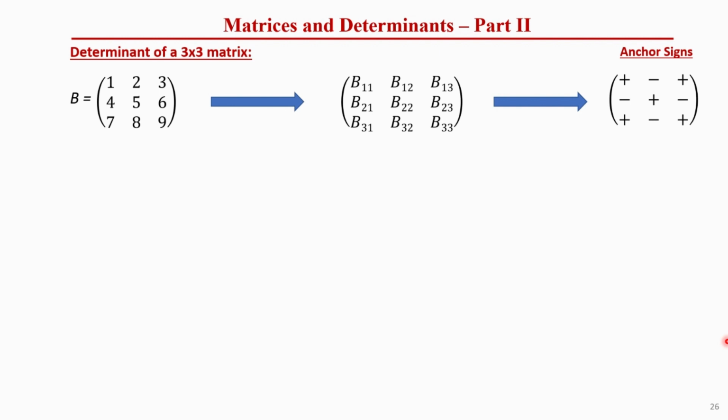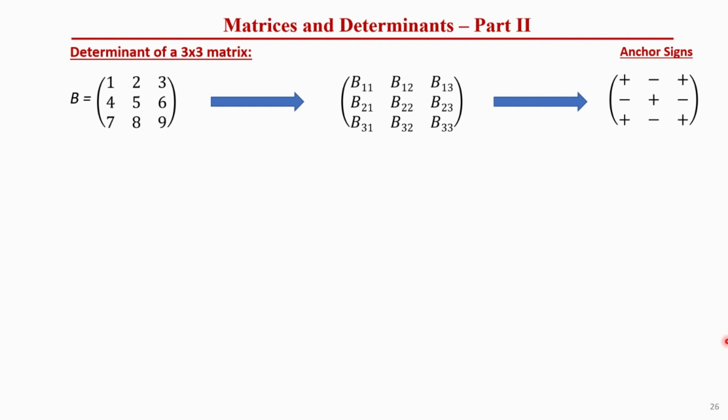So for 3 by 3 matrix B, I have anchor signs as shown on top right. For element 1, the anchor sign is plus. Element 2, it's minus. Element 3, it's plus, and so on and so forth.